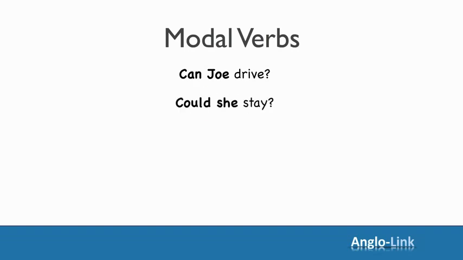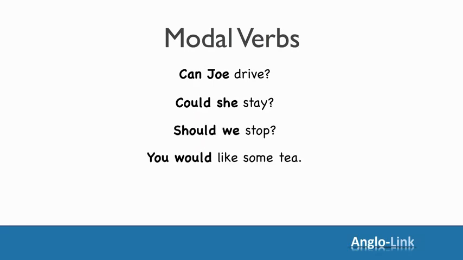Could she stay? Let's look at another one. We should stop. Easy. Should we stop? You would like some tea. Would goes before you. Would you like some tea? I must find it. Must I find it?